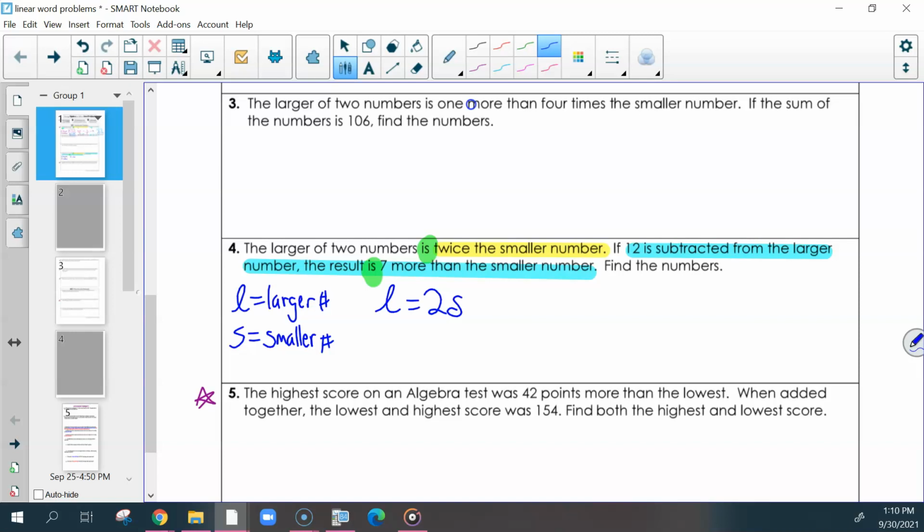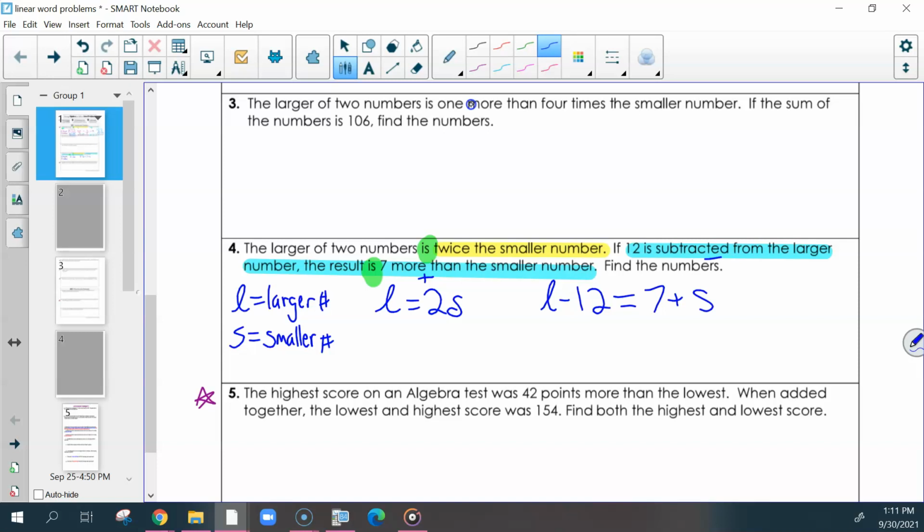If 12 is subtracted from the larger number, so if I have L and I subtract 12, it says the result is, or this should equal, 7 more than the small number. So more than is adding, subtracted from.